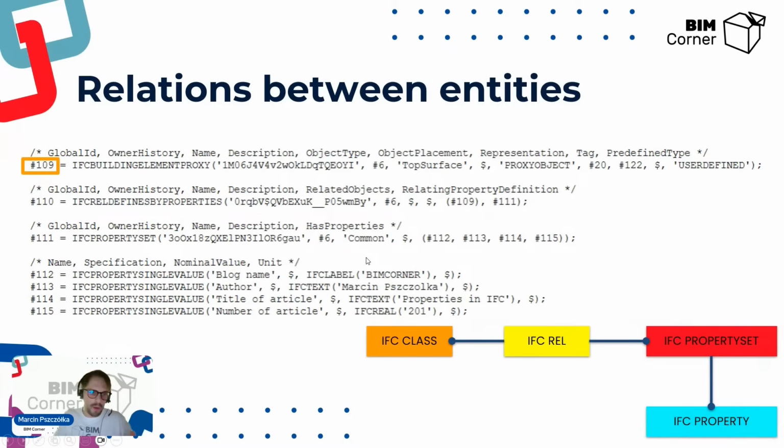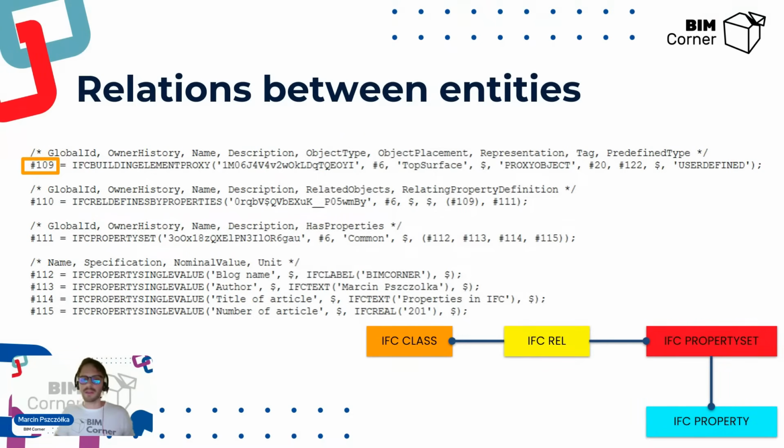When we open a STEP file, you can find this kind of information in the file. As you can see here, we have this one general class, in this case a building element proxy, and it has an ID number.